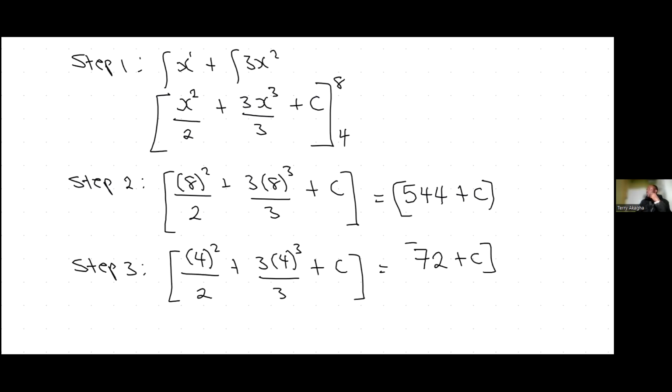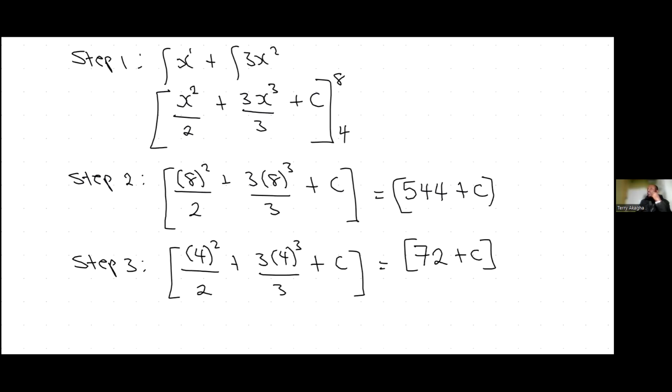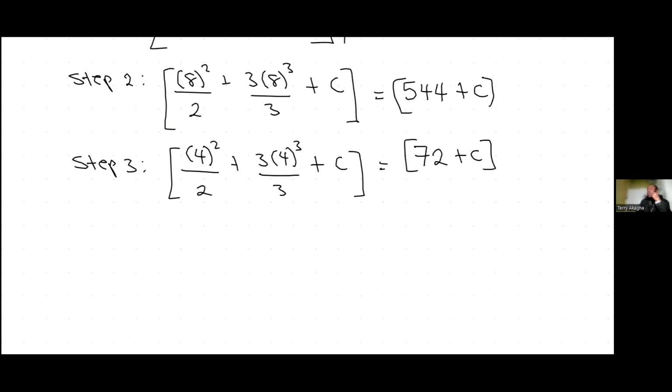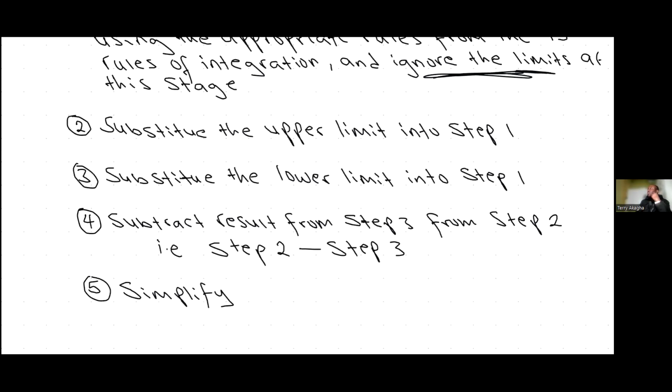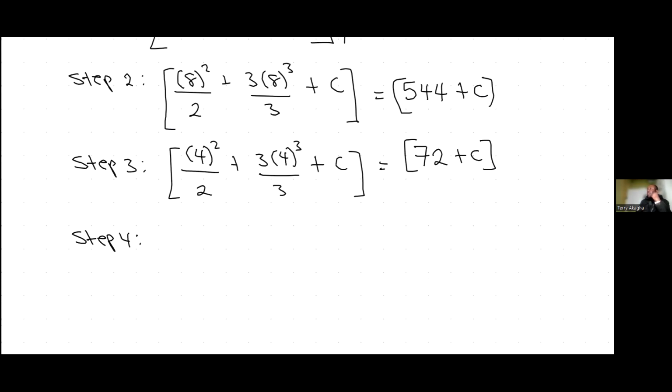Okay, now let's go to step 4. Step 4 says it becomes step 2 minus step 3. So step 2 minus step 3 is 544 plus c minus 72 plus c.